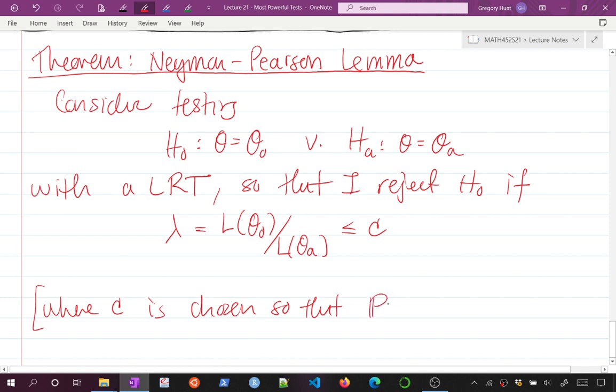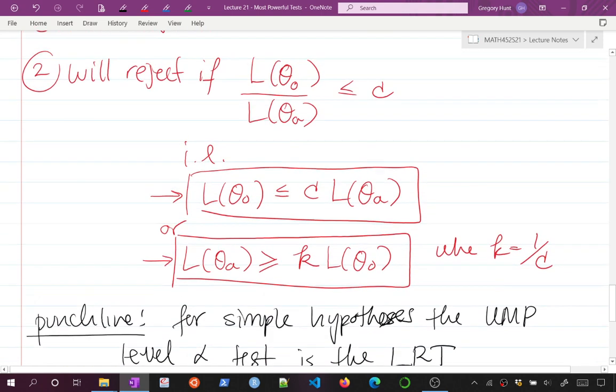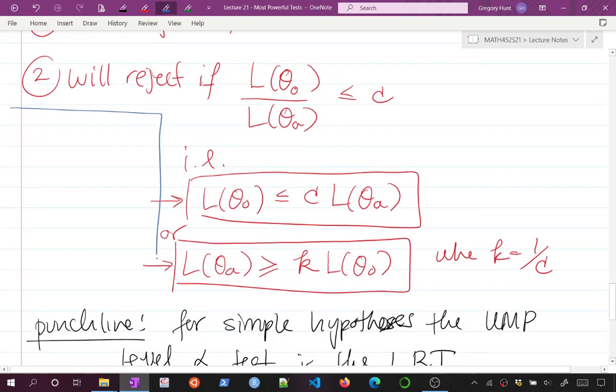the probability, right? So why don't you see that as a level alpha test? What does that mean? A level alpha test, so let me just write this real quick as a parenthetical. For a simple hypothesis where I only have one thing, if I have a level alpha test, that is the maximum probability over theta in my null of rejecting.